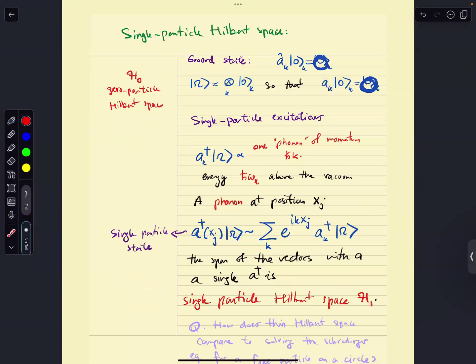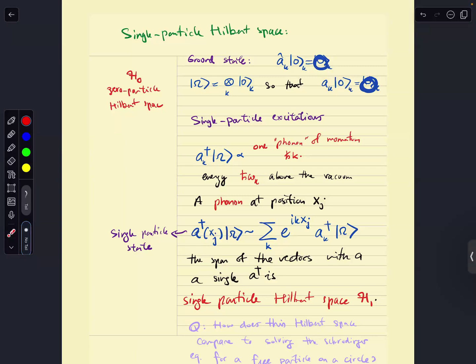So the single particle excitations means the Hilbert space you obtain by acting with A_k daggers on the vacuum, right? So now there are different single particle states you could have. They could have different momenta, right?